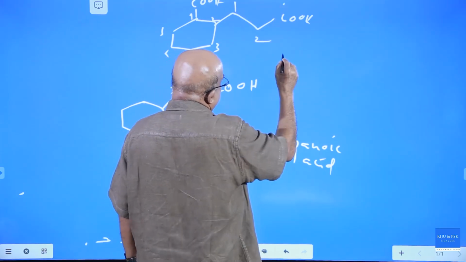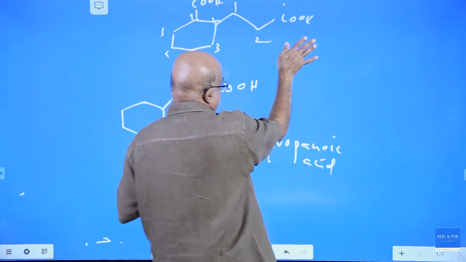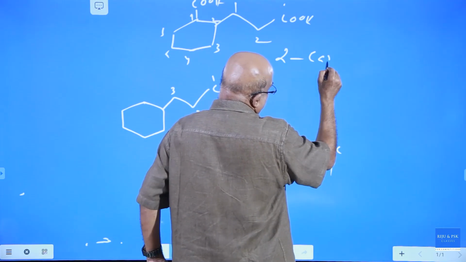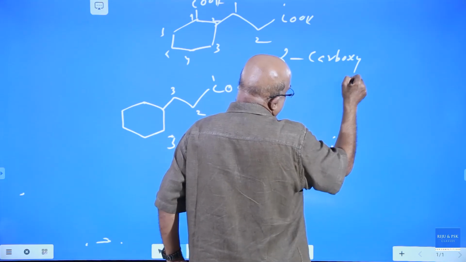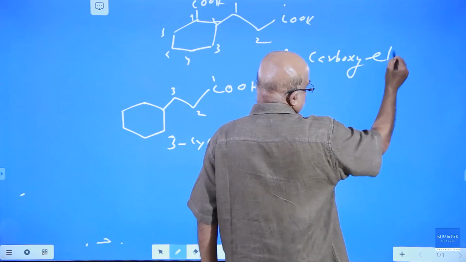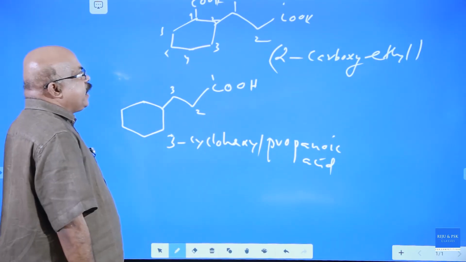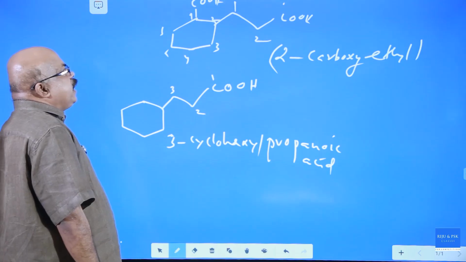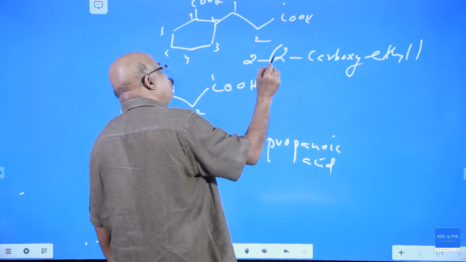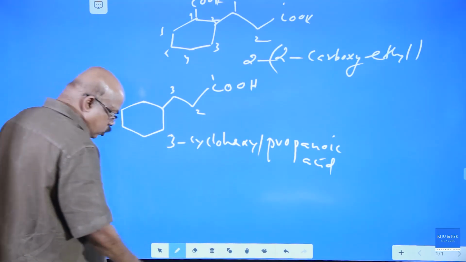It has a carboxy group. This substituent, very important, is 2-carboxy ethyl. The 2-carboxy ethyl is at the second carbon, locant 2. 2-carboxy ethyl cyclohexane carboxylic acid.